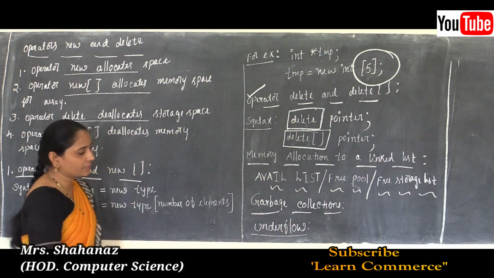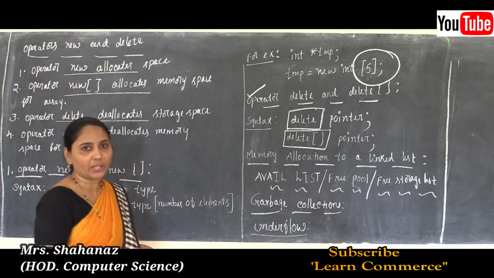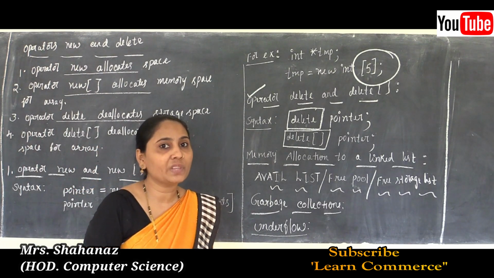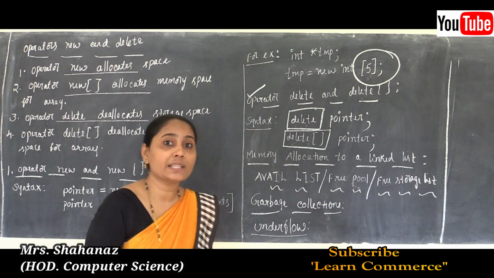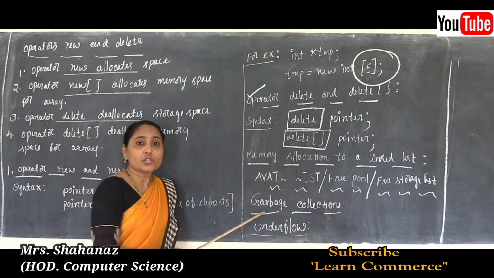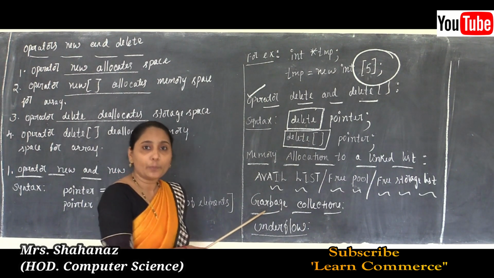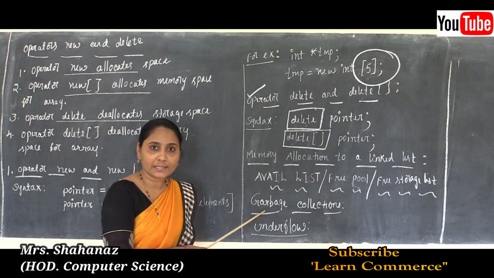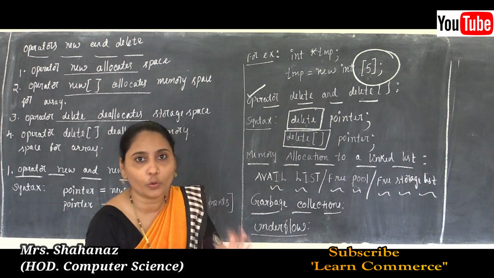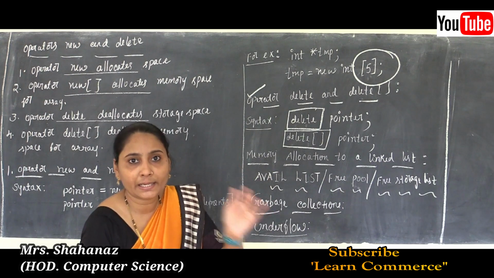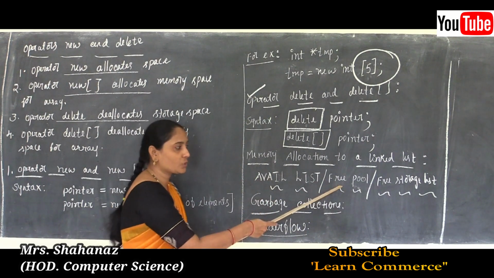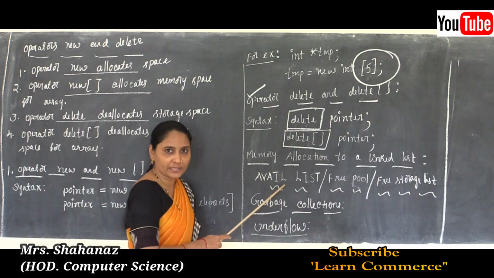Now let's see about garbage collection. What do we mean by garbage collection? Here also we are going to collect something. The operating system of the computer periodically collects the deleted space. The deleted space is the deleted node, and the deleted node is collected into the free storage list, which is our avail list.